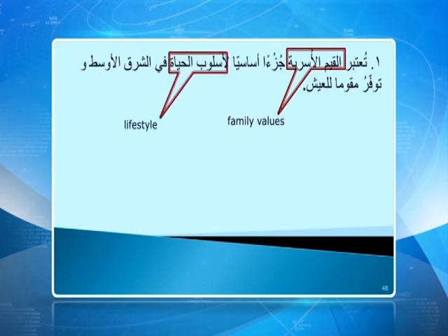Let's focus on some maybe difficult words. For example, let's talk about family values. All of you have read something or have dealt in your classes with your teachers about family values. Maybe we can talk about lifestyle.